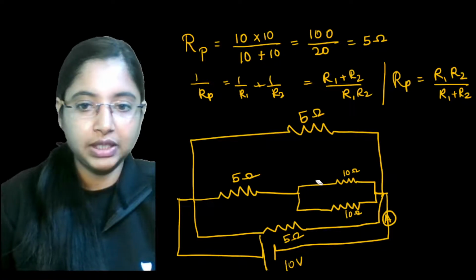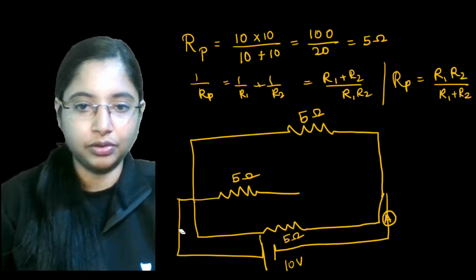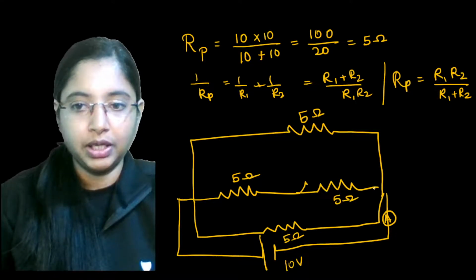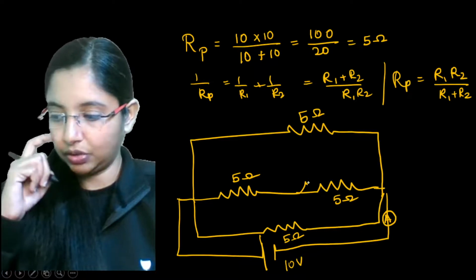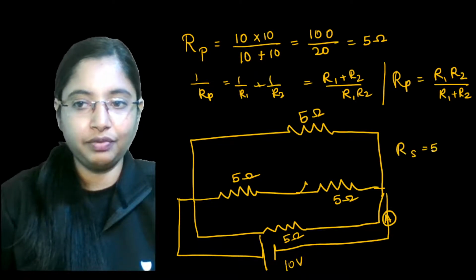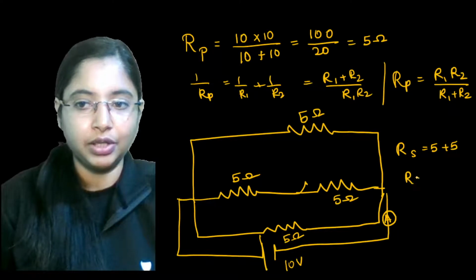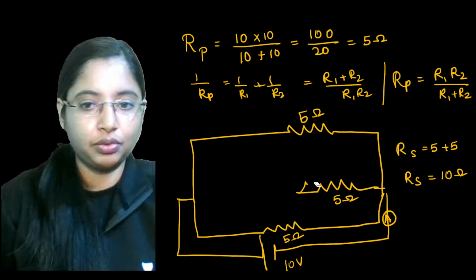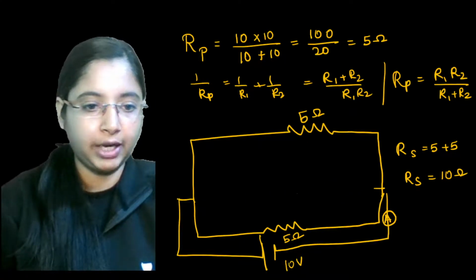So instead of using these two resistors, this side also, we can simply replace this with one single 5 ohm resistor. Now, if you see this combination over here, these two resistors are in series. For series combination, we can just add the resistor values. So instead of these two resistors, we can just connect a single 10 ohm resistor. Instead of these two of them, we can connect a single 10 ohm resistor.